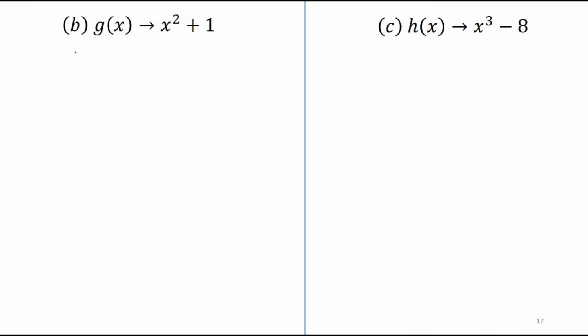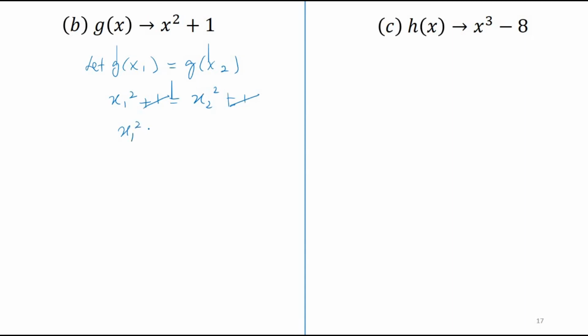So you can let g(x1) equal to g(x2). From here you can write x1 squared plus 1 equal to x2 squared plus 1. So 1 and 1 can be cancelled off. From here you can shift x2 to the left hand side.